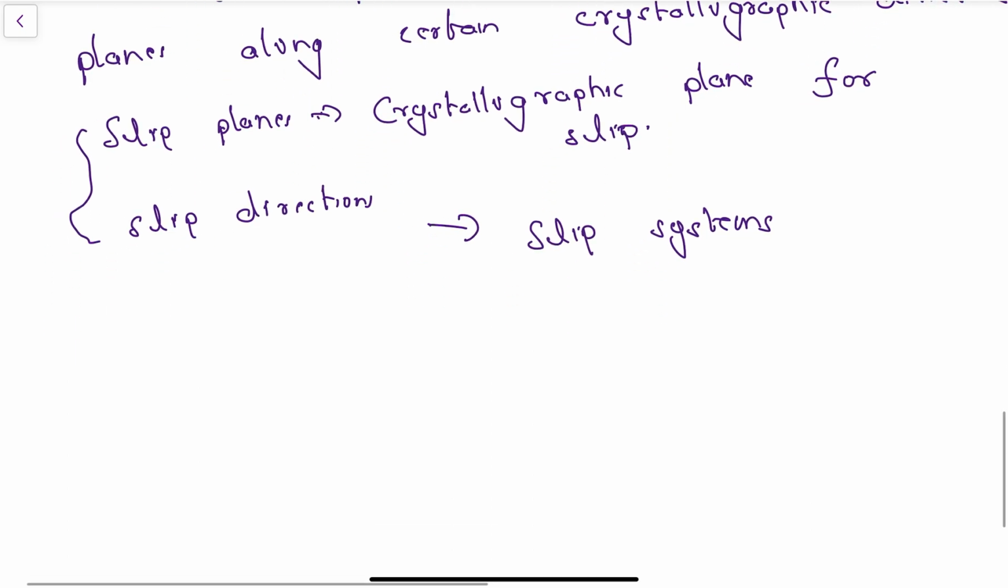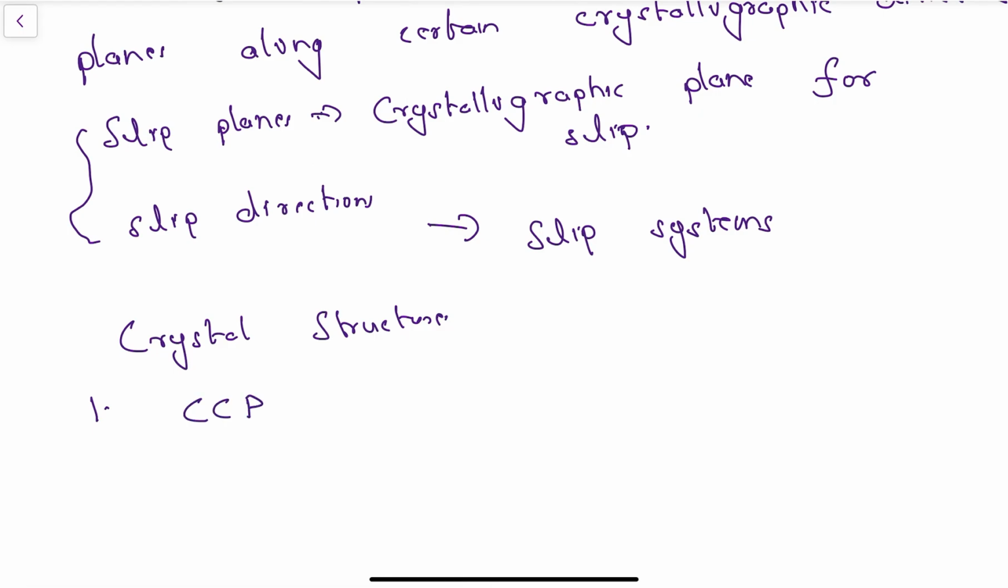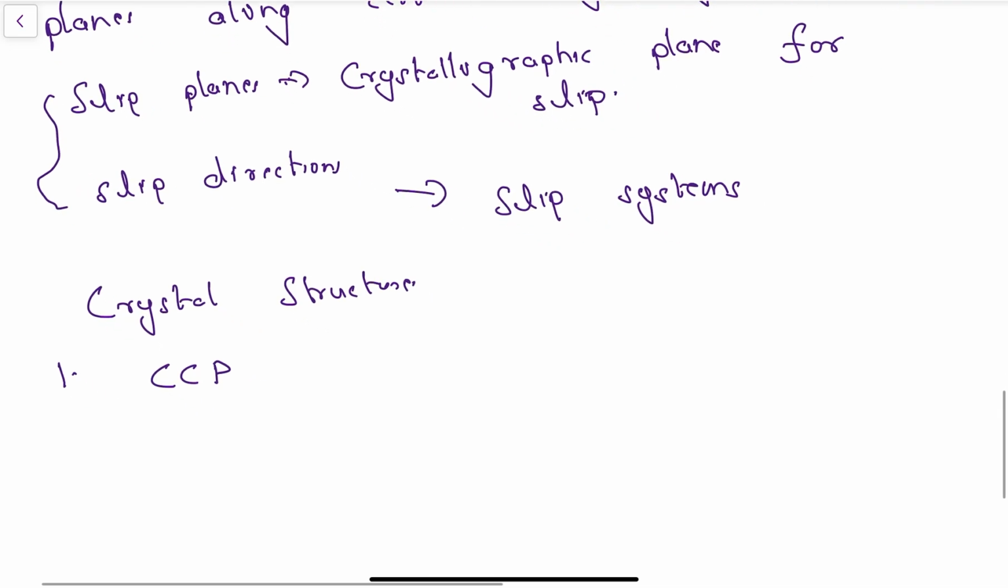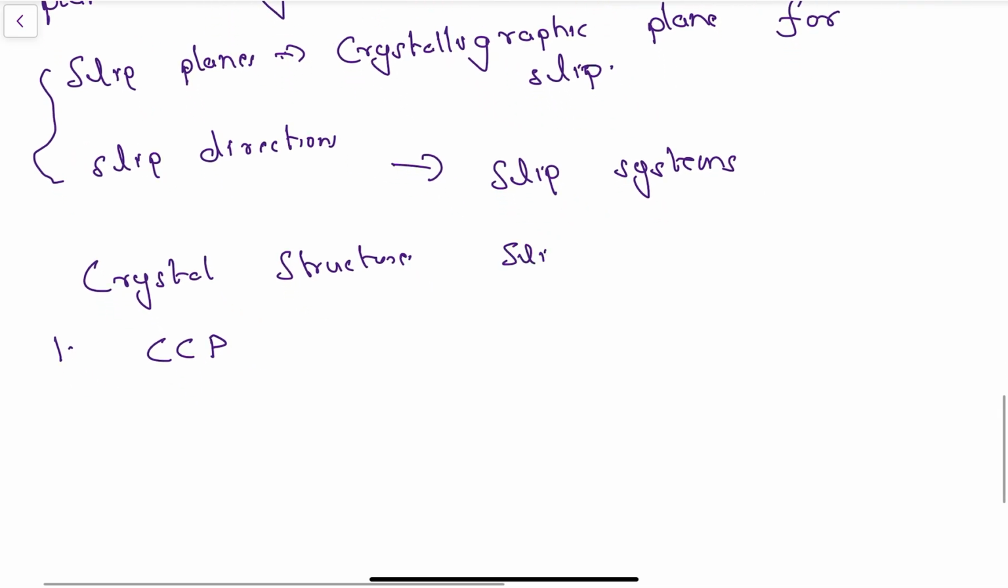Just to give you some idea, for different crystal structures you have different slip systems. For example, for a cubic close-packed structure, that includes face-centered cubic and body-centered cubic structures, the slip planes are given by the Miller indices 111.